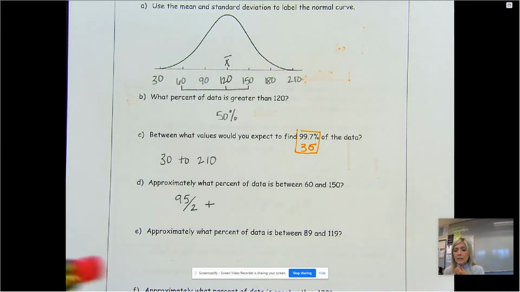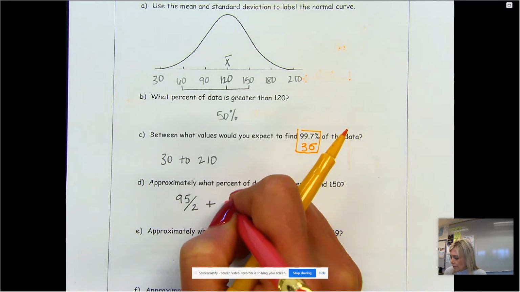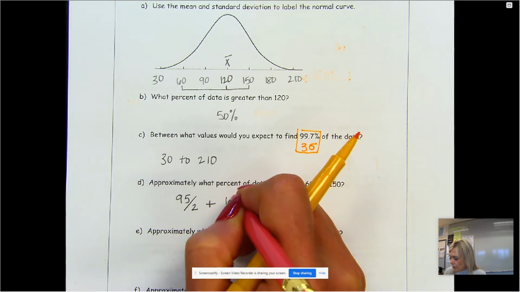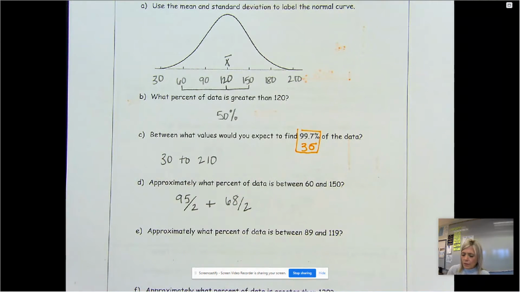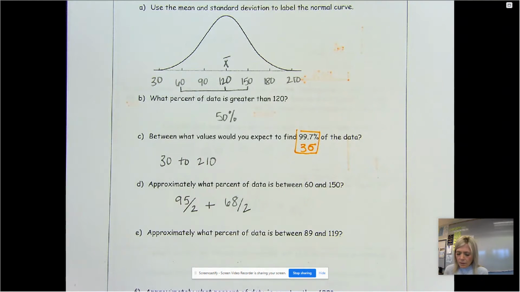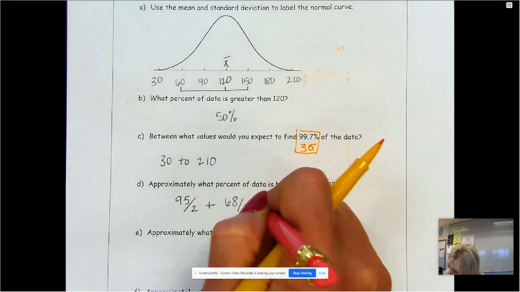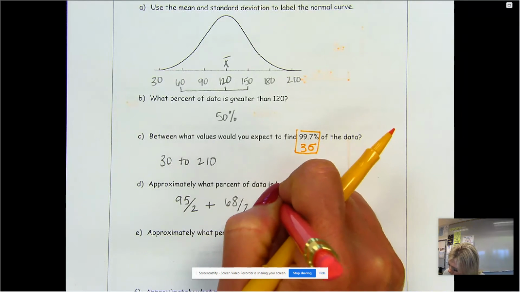It's half of that 68% of data that's within 1 standard deviation of the mean. So I would add those two together. 95 divided by 2 is 47.5, and 68 divided by 2 is 34. And when you add them together, you get 81.5%.